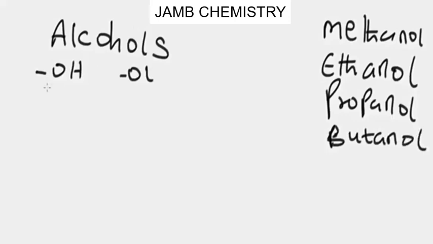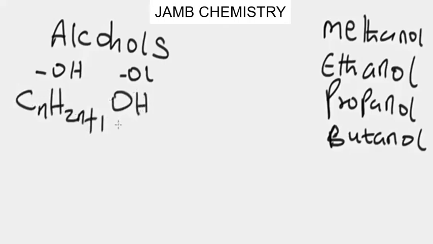Note that the general formula for alcohols is CnH2n+1OH. With this formula, we can get the chemical formula for methanol, ethanol, and the rest. Methanol has one carbon atom, so the chemical formula will be CH3OH.